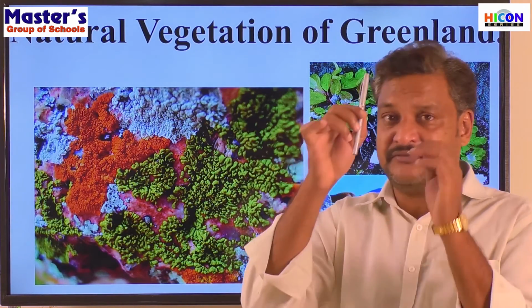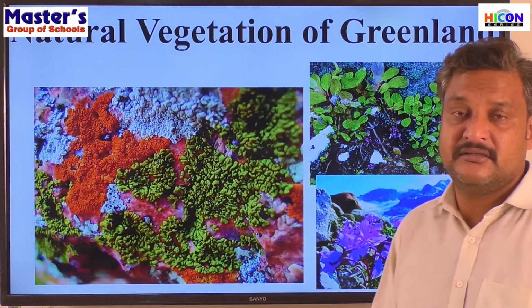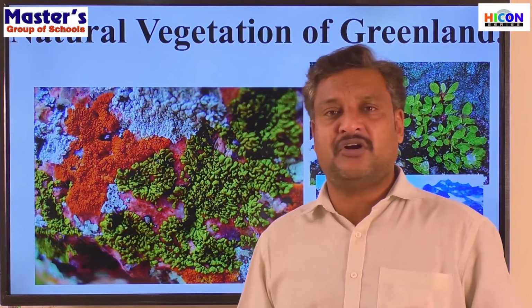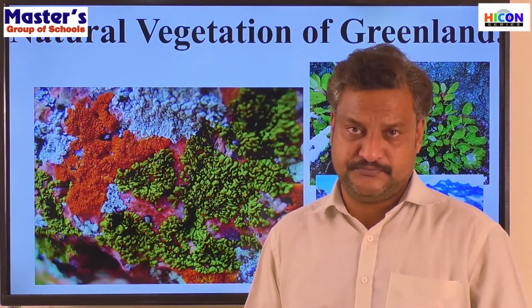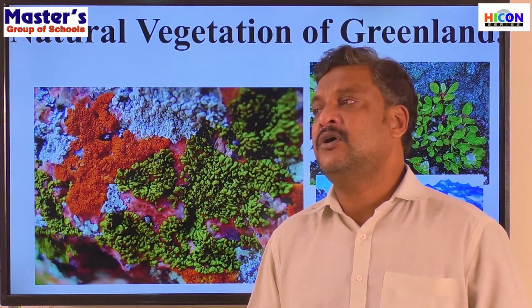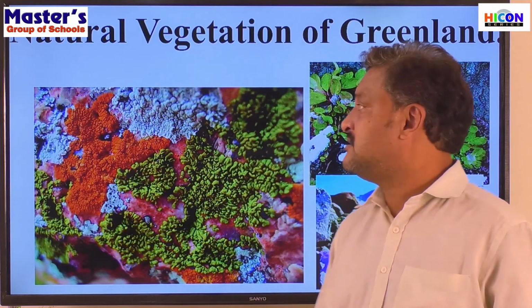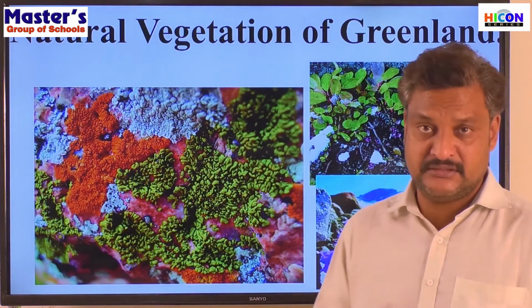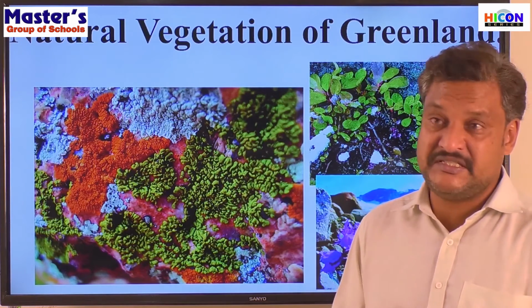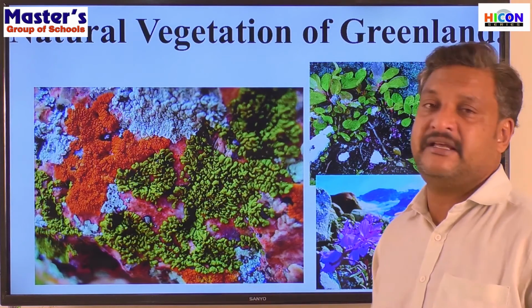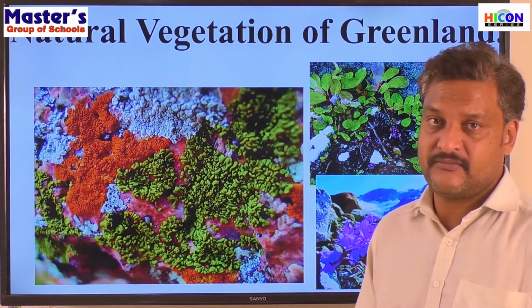That is the height of the biggest plant in Greenland, because the land is totally covered with snow. The ice cover on the land prevents plant growth over there. Plants grow only during the short summer season, and most of them are varieties of lichens.